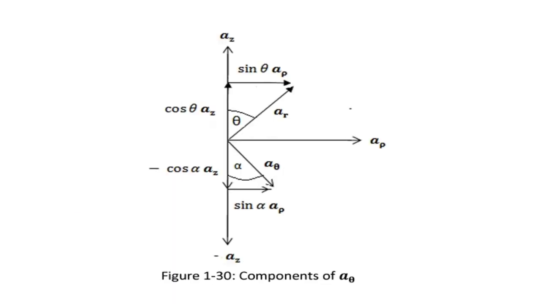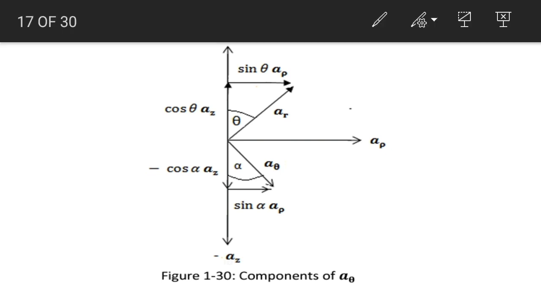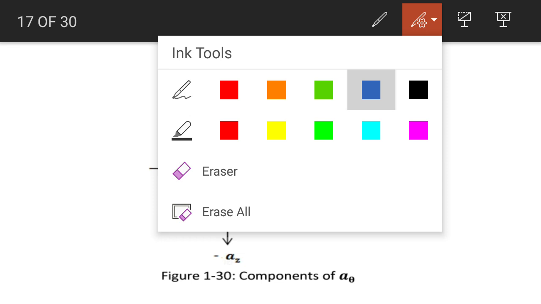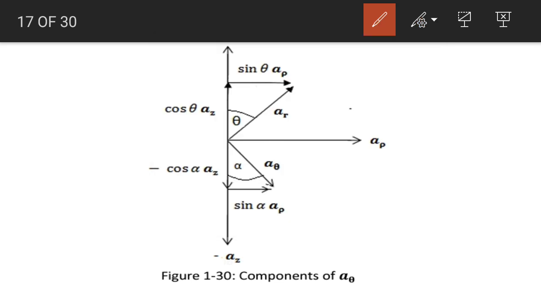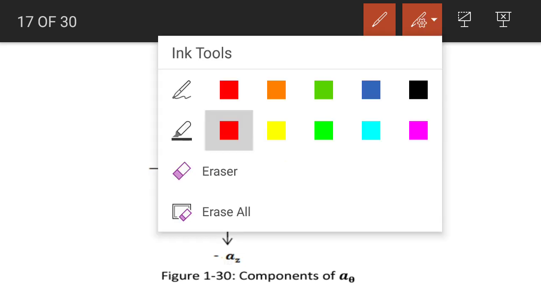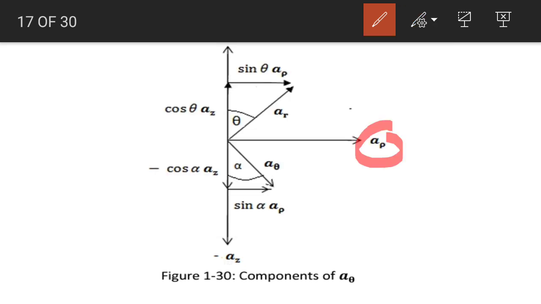We go ahead. In this particular diagram, we consider two unit vectors of the cylindrical coordinate system as well. This is the unit vector a rho, and this is the unit vector minus az.